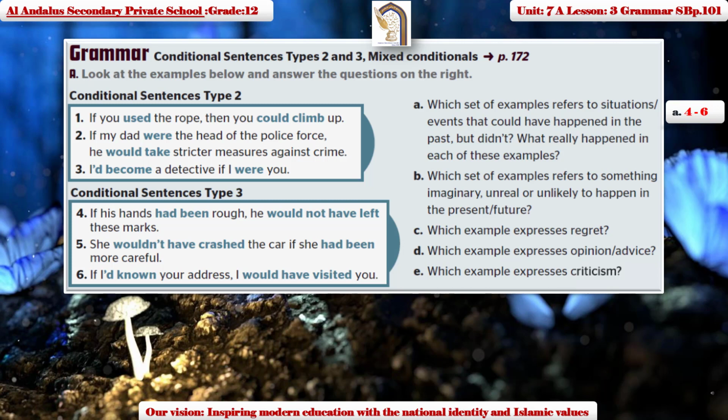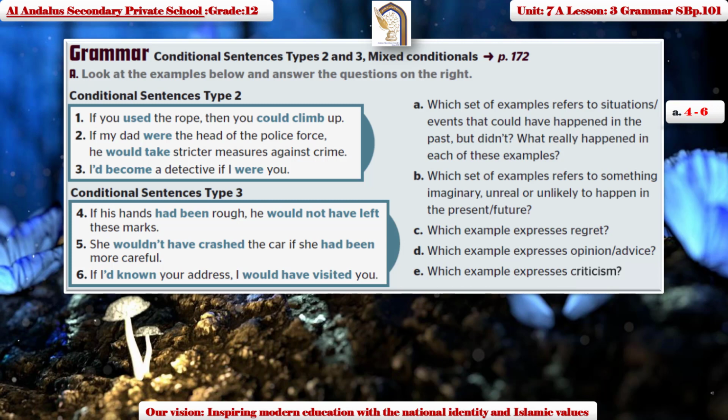Actually, what happened is that she wasn't careful, so she crashed the car. Sentence 6. If I'd known your address, I would have visited you. The truth is that I didn't visit you because I didn't know your address. I hope this answer and this analysis is clear enough.